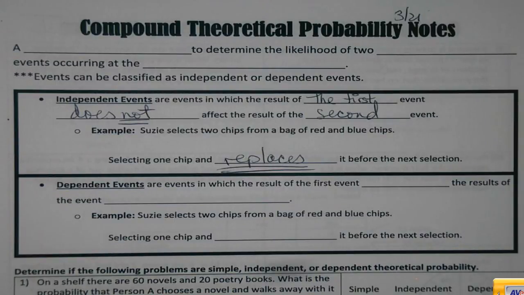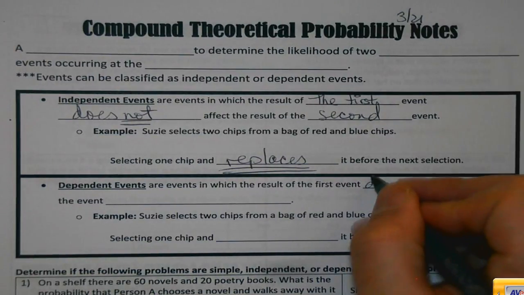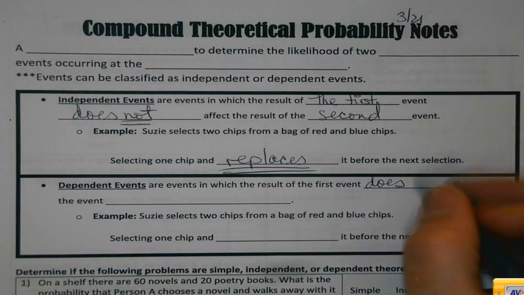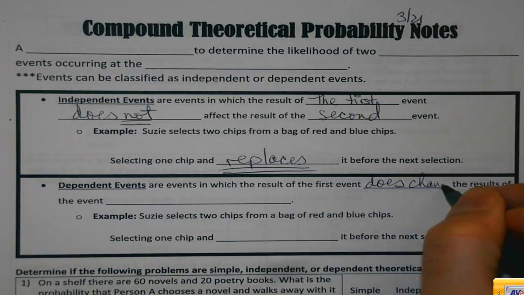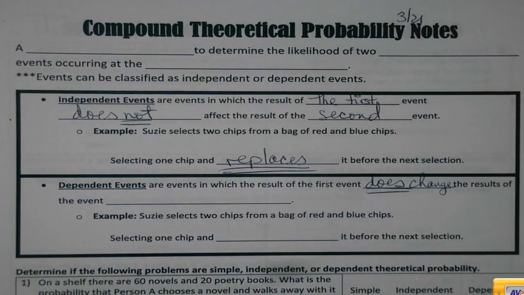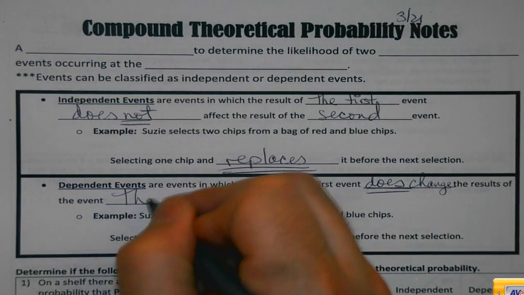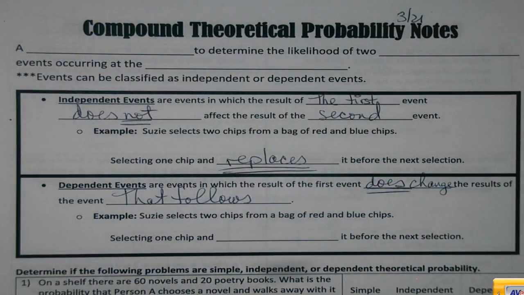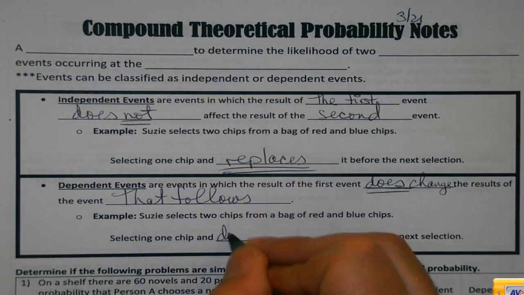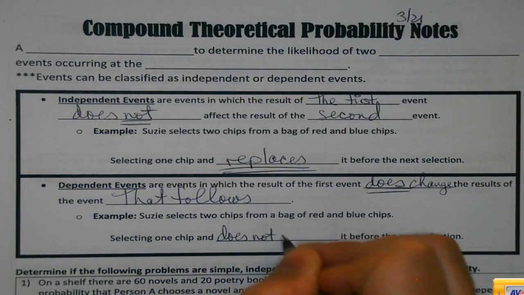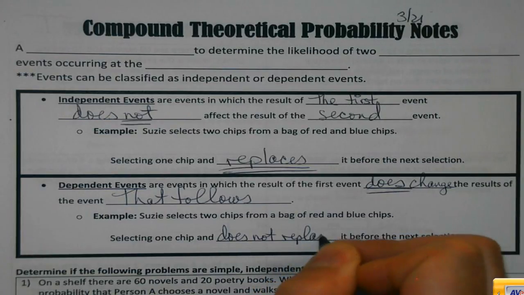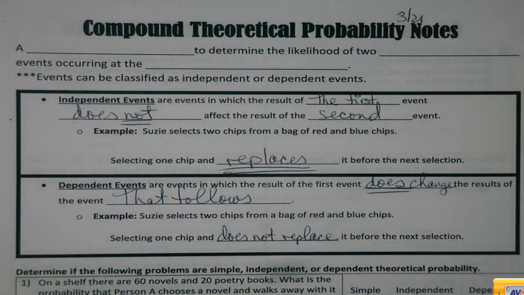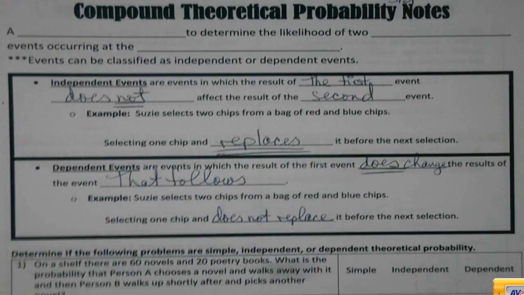Dependent, though, occurs when the first event does change the results of the event that follows. So, again, Susie's still selecting 2 chips from her bag of blue and red chips. If she selects one and does not replace it before the next selection, that would be dependent.